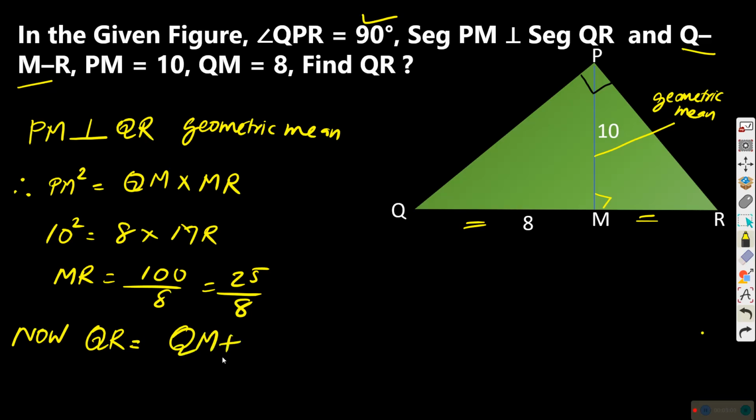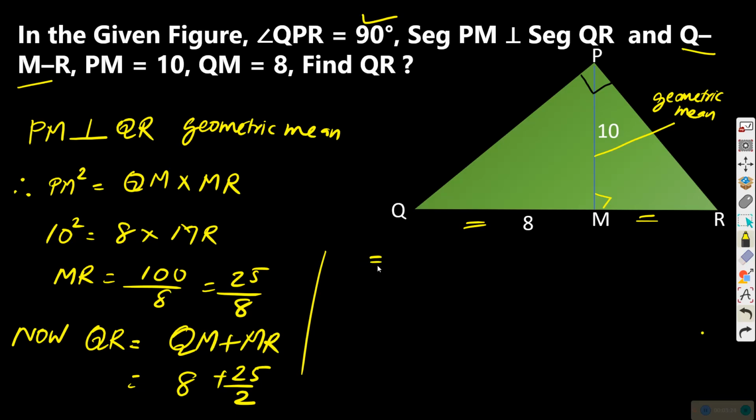QR is equal to QM plus MR. QM is given 8 and MR we just now found, which is equal to 25 upon 2. So this we can solve.